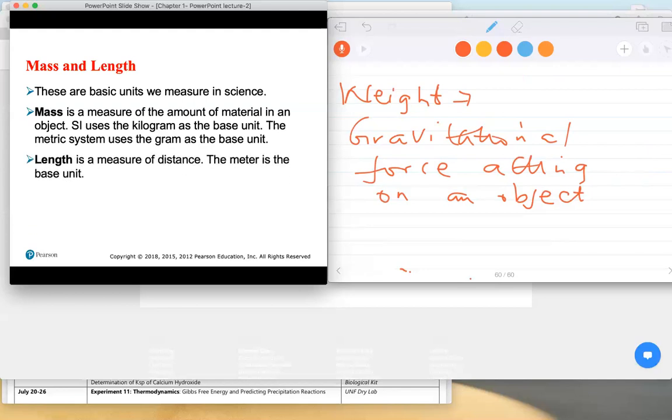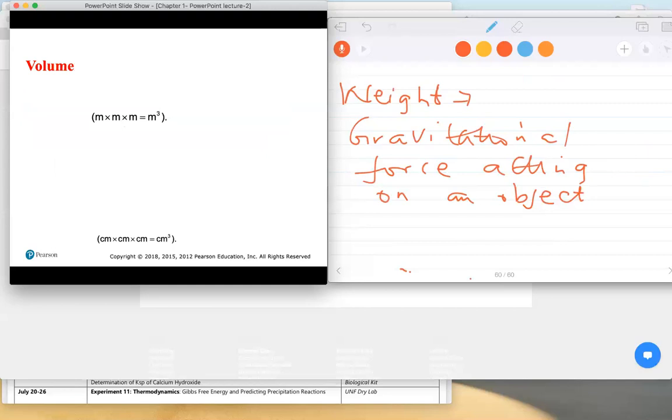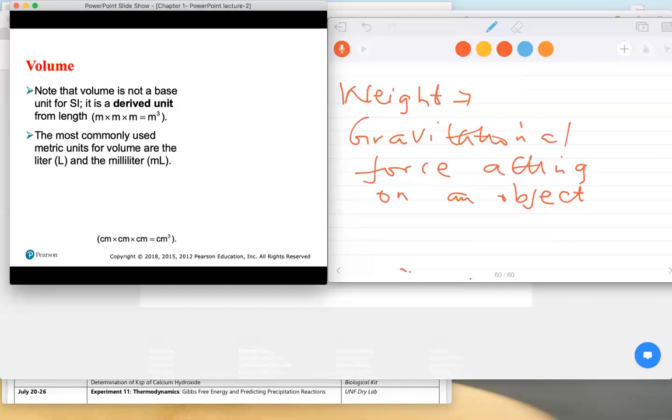For length, meter is the base unit, and for volume in SI we use meter cubic. The liter is the base unit for measuring volume in metric. Remember, for SI it is meter cubic; liter is the metric system.